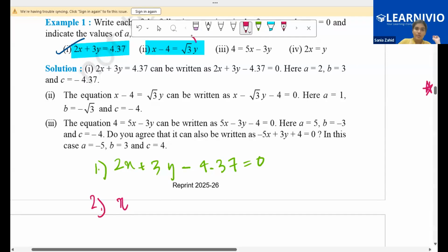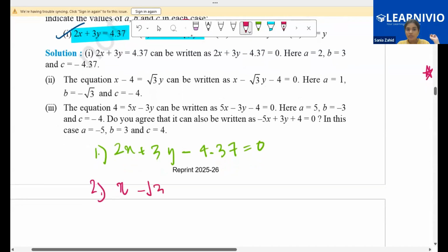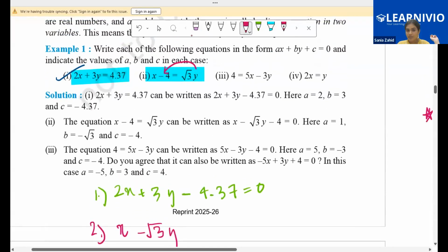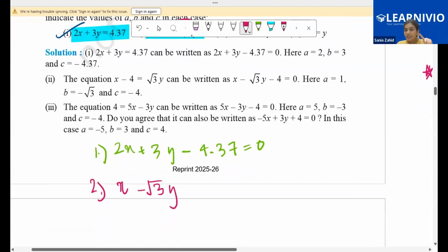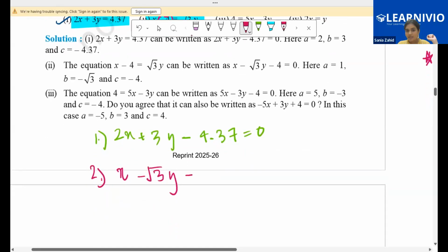So I will transpose it to the left hand side and this becomes minus under root 3y. And now I wanted the constant term. And what is the constant term? That's minus 4. So minus 4 remains as it is, equal to 0. So I have the second equation also in the general form, right?